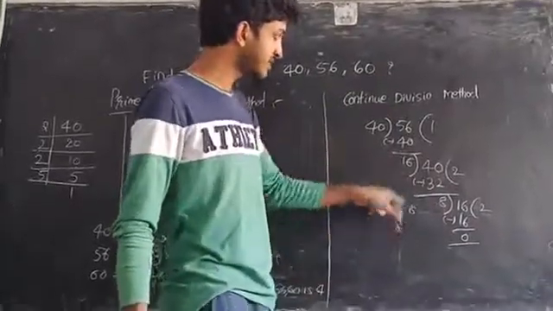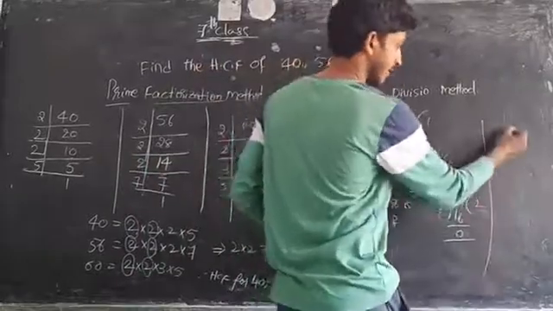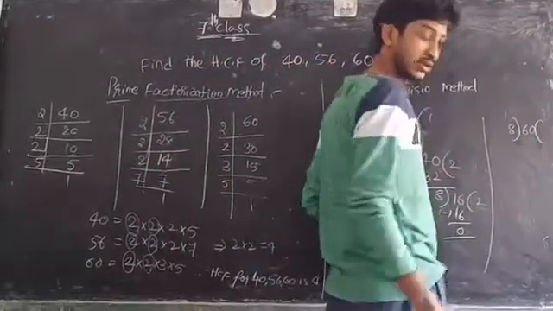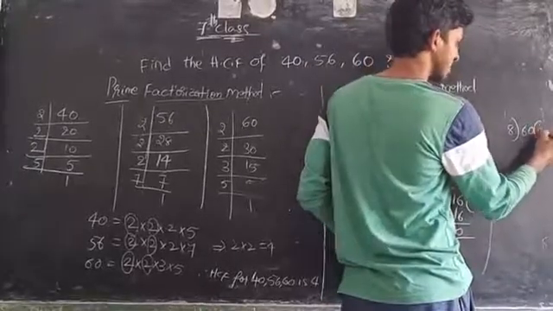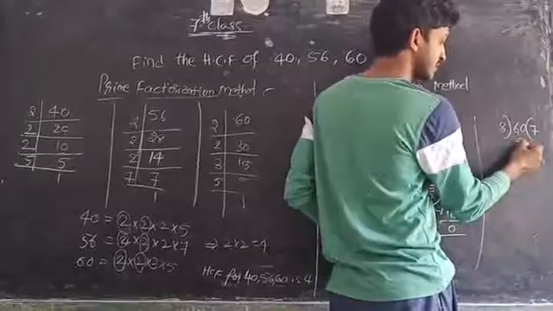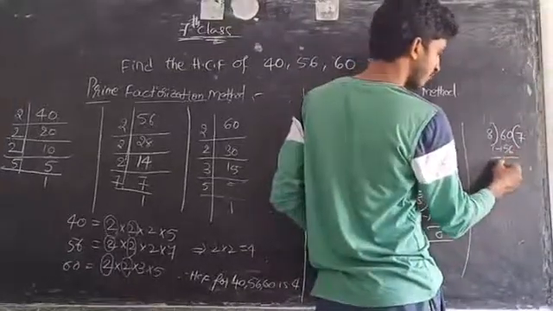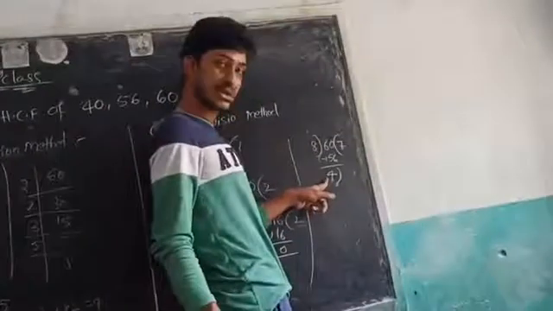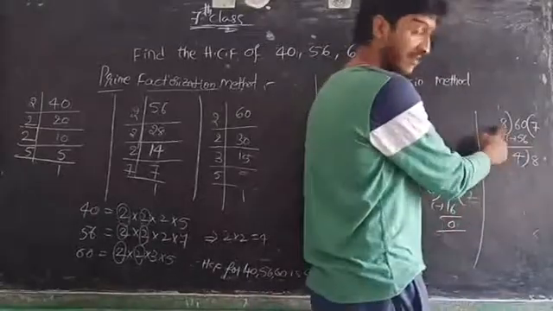Now I am taking this 8 and 60. I am dividing 60 by 8. How many times? 7 times. 7 8s are 56. Subtract it, we get 4. So 4 is the remainder here, and now 4 is the divisor.